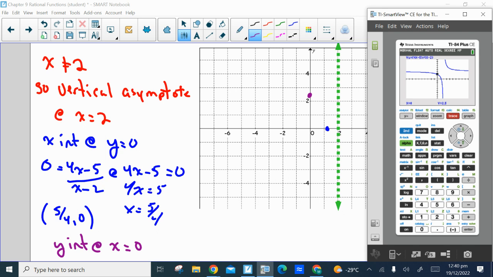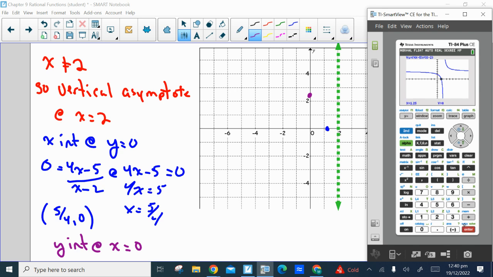If we go into our trace mode, notice it goes by default normally to where x is 0, and it gives us our y value of 2.5, which we found algebraically, the y-intercept. We can also check to make sure we got the correct x-intercept. The x-intercept we found to be 5/4 or 1.25.